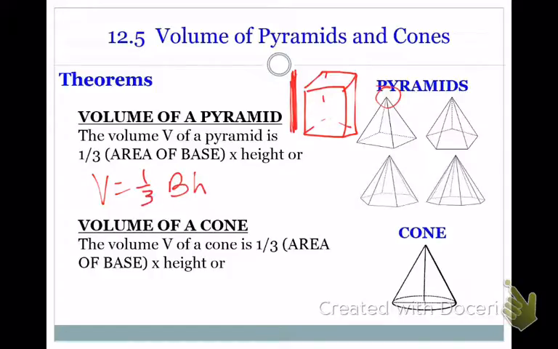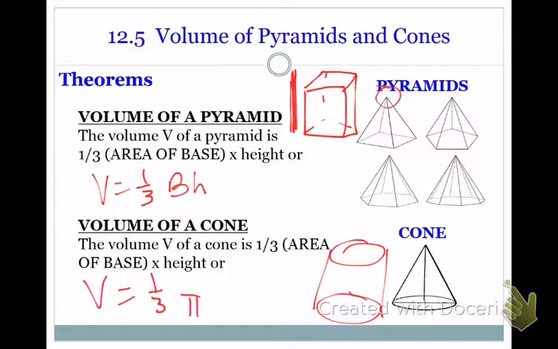So the volume of a pyramid is going to be 1/3 of the volume of a prism. So in other words, the formula turns into 1/3 times the area of the base times the height. And for the exact same reason as a cylinder versus a cone, the volume formula turns into 1/3 times pi r squared times h for a cone.